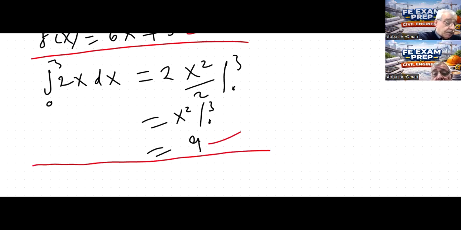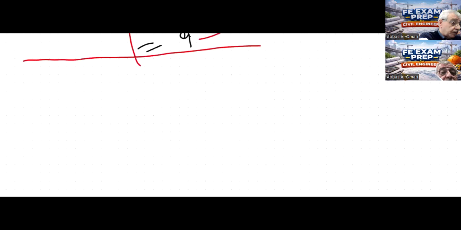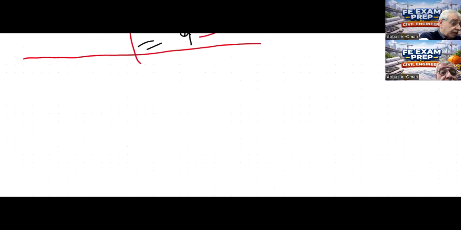Now, the next question. It's about the dot product. We have two vectors, u and v.